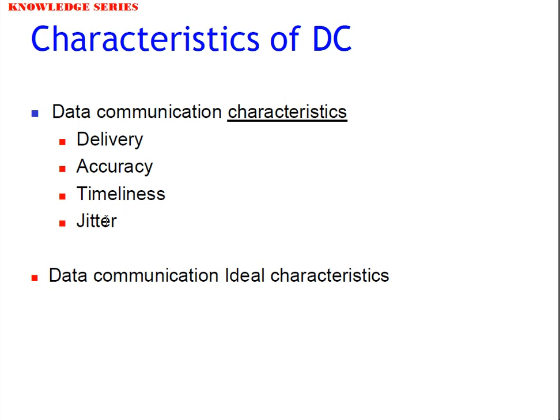Jitter. Jitter represents the difference in the delay of the information being sent. In digital communications, we send the information in the form of packets. When these packets are sent, there should not be uneven delay.